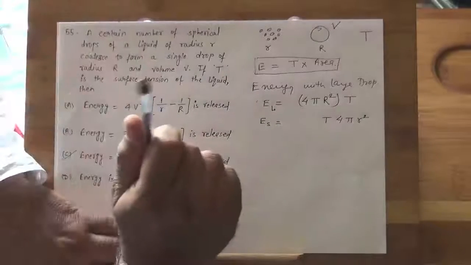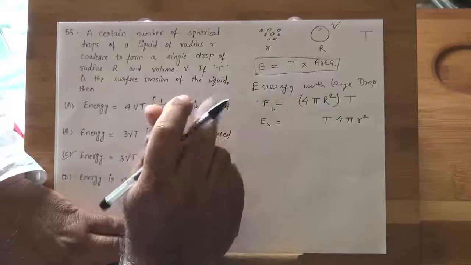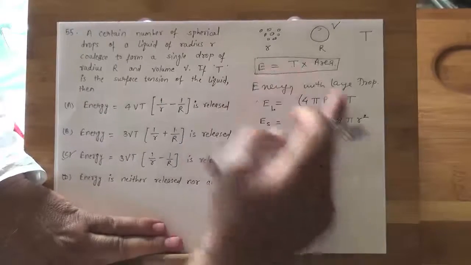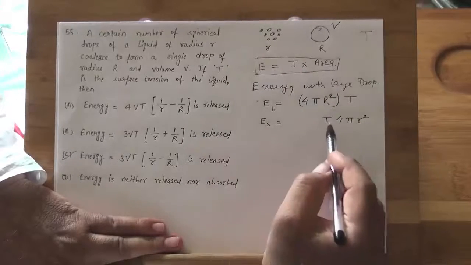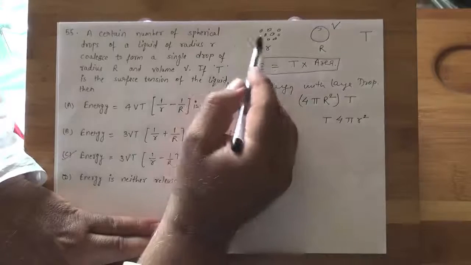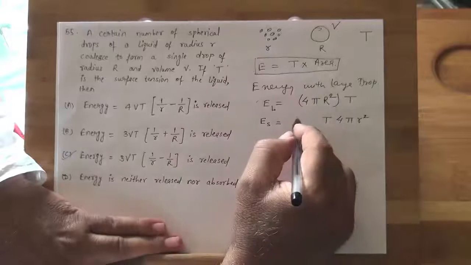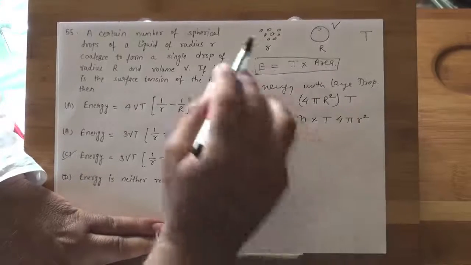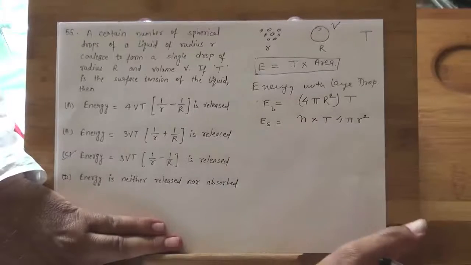Surface area, remember, we are not taking 4 upon 3 pi r cube, that is volume. Here surface tension is to be multiplied with the area, and area of the sphere is 4 pi r square. Okay. This is surface energy of one drop, but we don't know how many drops are there. Let us say there are n drops. So this is the total surface energy with these drops. Now n is another unknown number we are supposed to find out.